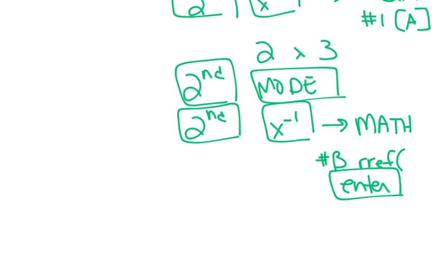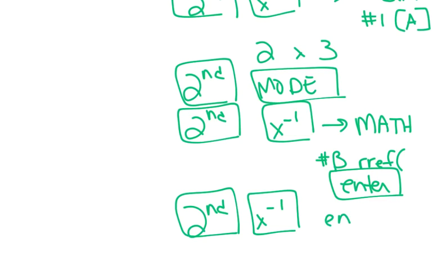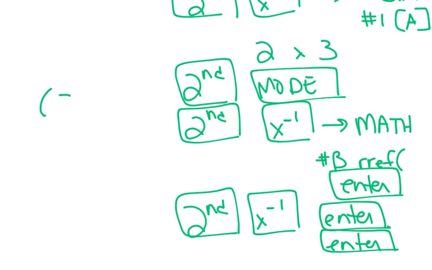So that RREF shows up on your home screen. Then you go back into matrix a third time, but this time you just hit enter twice. And unless the problem has no solution or infinite solutions, the last column should be your solution. In this case, the last column should be 2, 13.